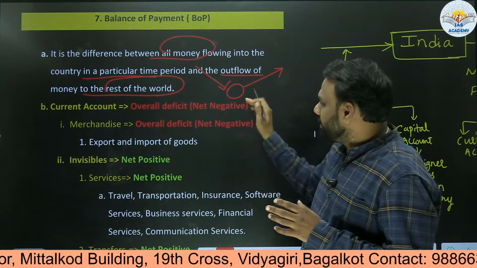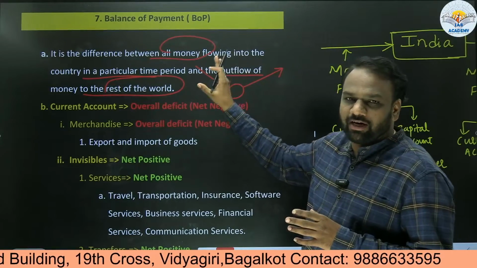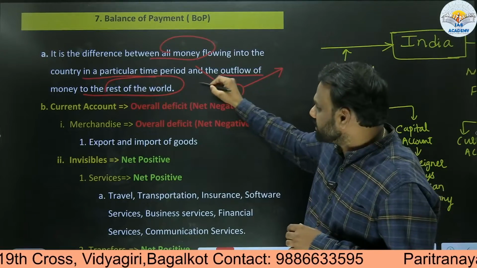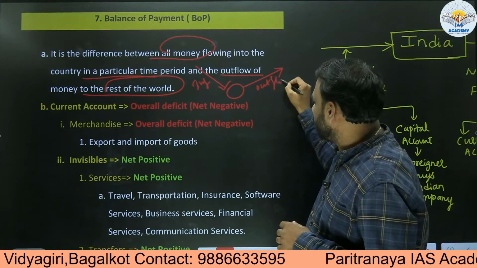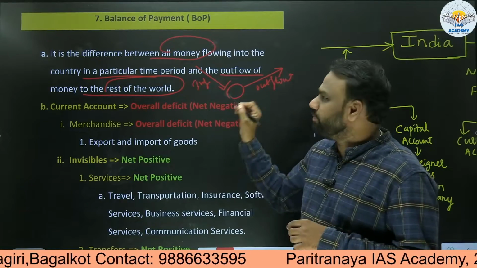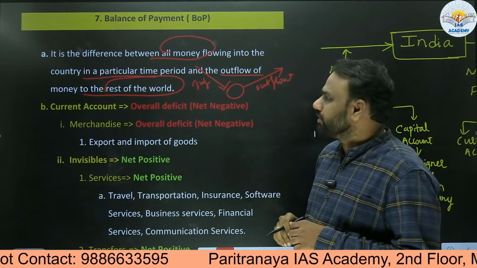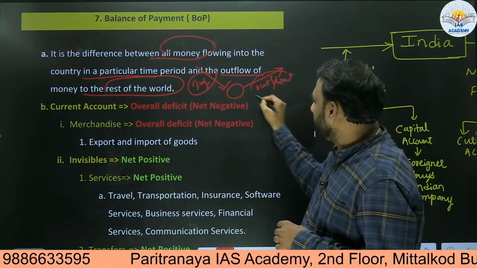But we know that to India, money will come from the outside world, from other countries. Similarly, from India, money will go to other countries as well. So this is inflow and this is outflow. Balance of payment is the difference between inflow and outflow.